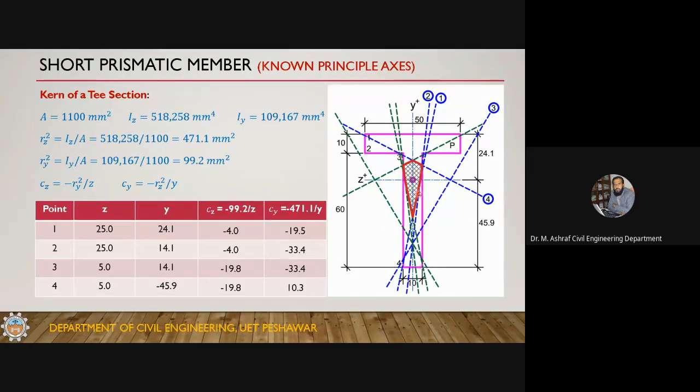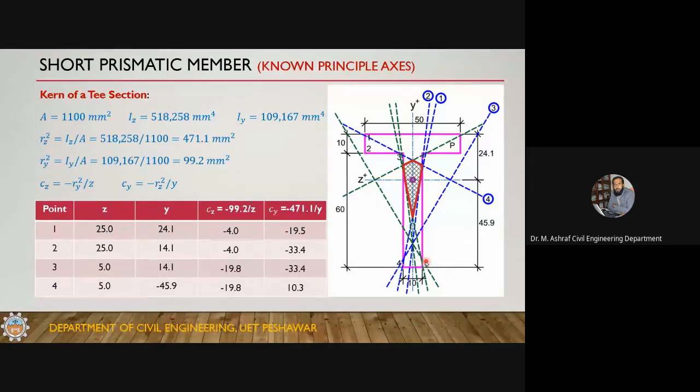If the load is inside this region, then the stress there will automatically be equal to 0. So this line is outside and is not creating any boundary of the kern, so leave it. In the case of the T section, there is no need to take point number 3. You should take points number 1, 2, and 4, and these will give you the kern of this T section.